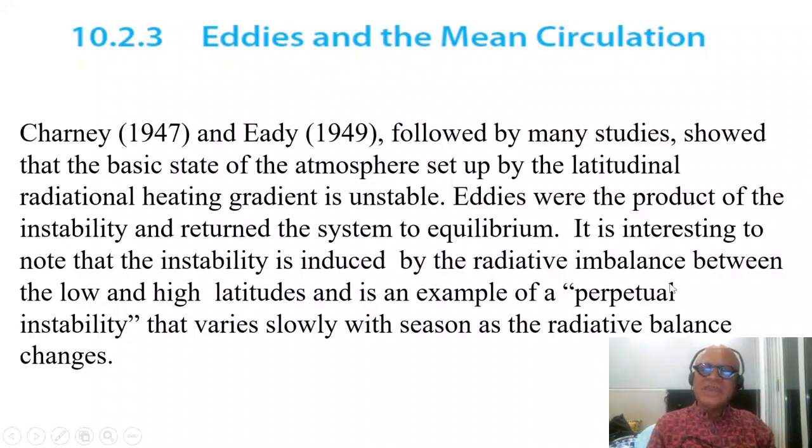Okay, so it's interesting to note that the instability is induced by the radiative imbalance between the low and high latitudes, and is an example of a perpetual instability because the sun is always moving back and forth, that varies slowly with season as the radiative balance changes. So the way this book is written, the Hadley cell is being discussed, tropical-extratropical interactions, tropical influence on the extratropics through these eddy fluxes of momentum and heat, but without saying anything about the termination of the Hadley cell.